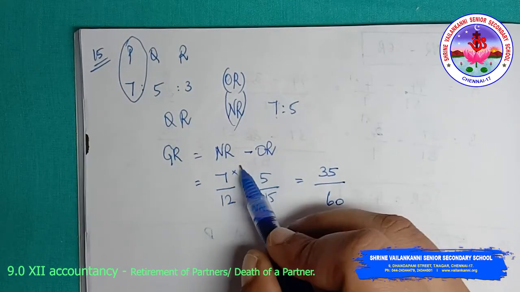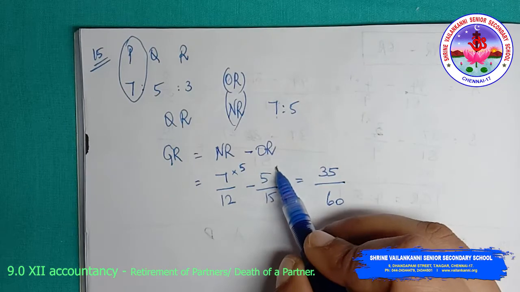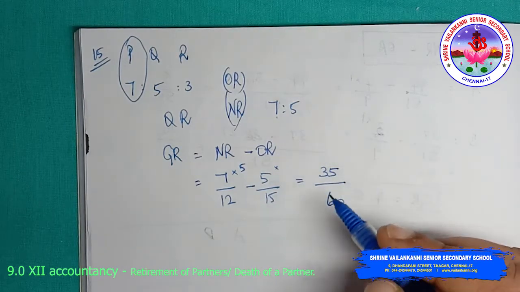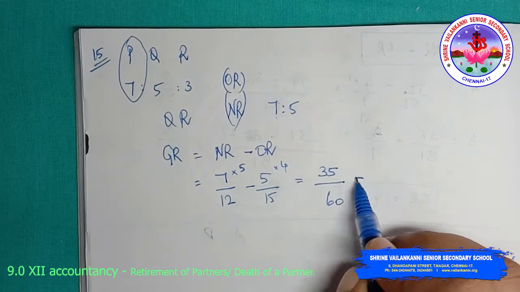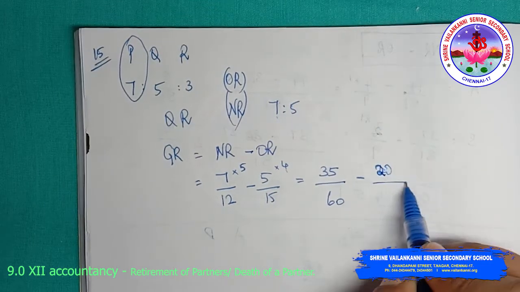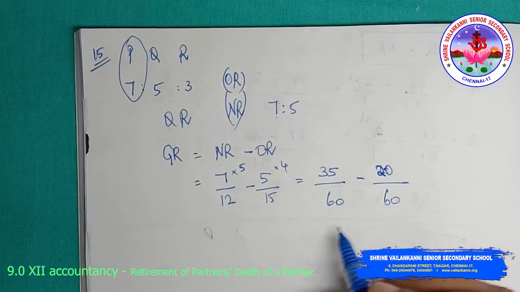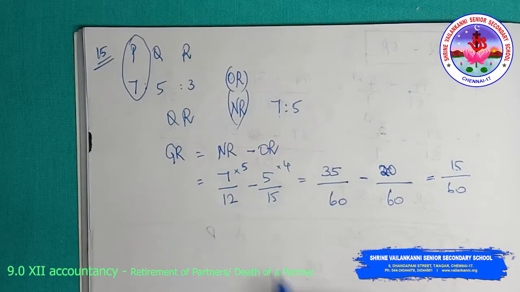I'm just multiplying this with 5 and this with 4. So my answer would be 35 by 60 minus 20 by 60. So this will be 15 by 60.